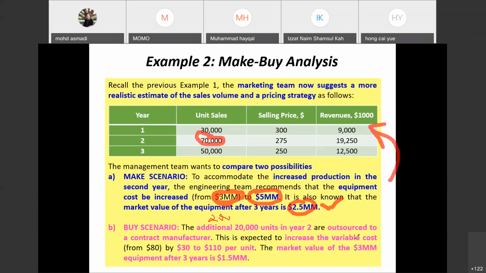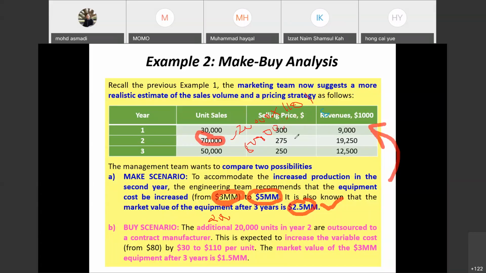So from the previous table, 20,000 times $110, and then the rest, 50,000, because 50,000 is still internal, only 20,000 is outsourced, times $80.